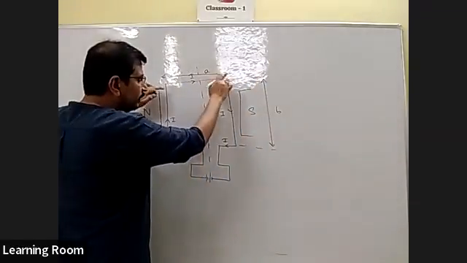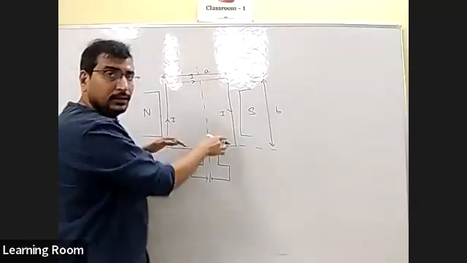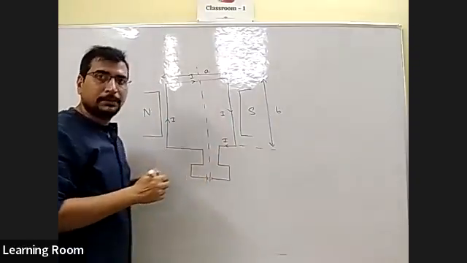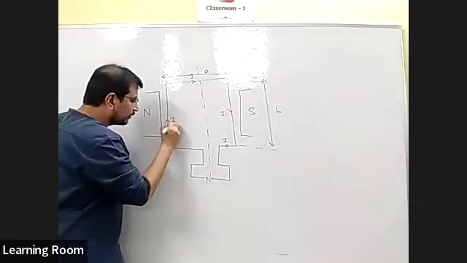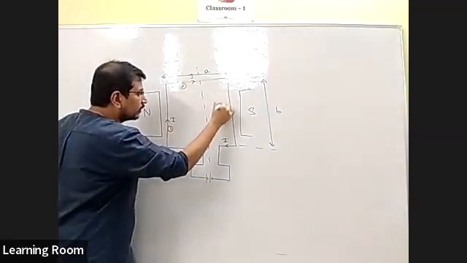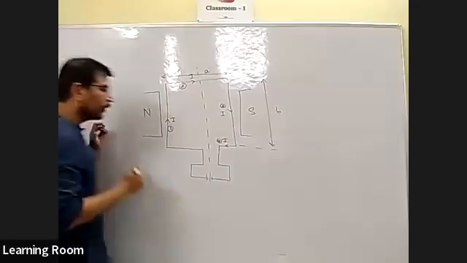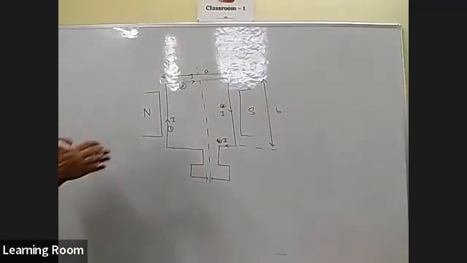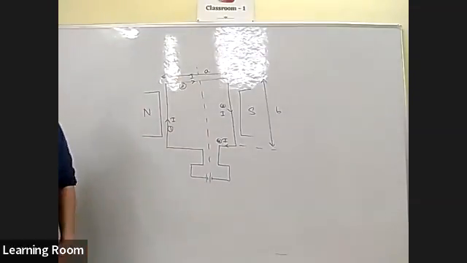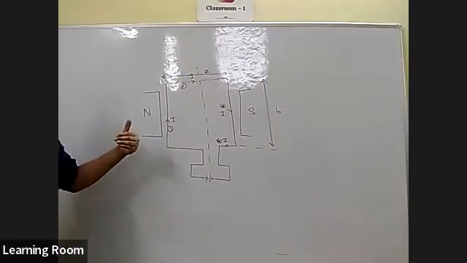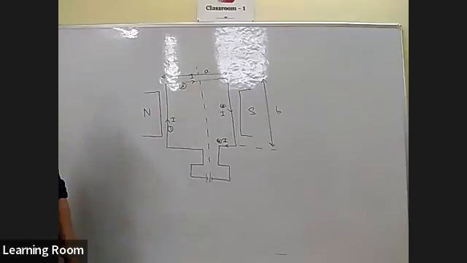If I label these as first, second, third and fourth conductor, I'll break it into four different conductors and observe the force experienced by each part of this loop.